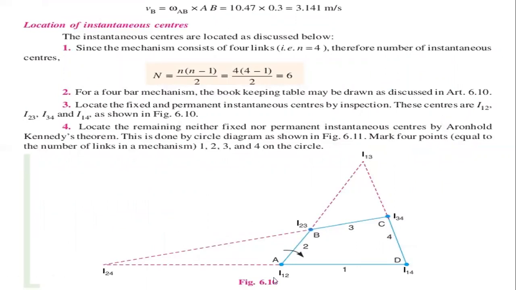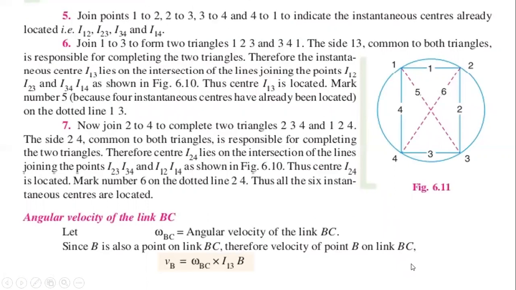From the circle diagram, you have to draw this circle to any scale and locate these 4 points, and join these 4 points from 1 to 2, 2 to 3, 3 to 4 and 4 to 1, and join 1, 2, 3 to form two triangles.